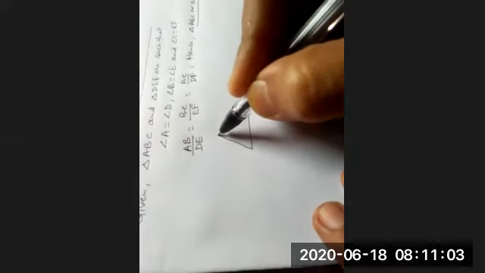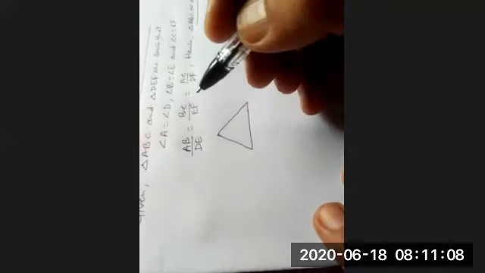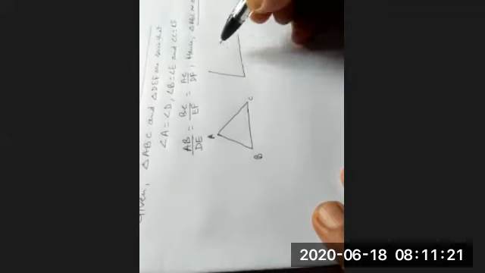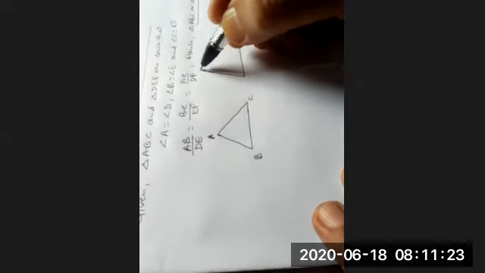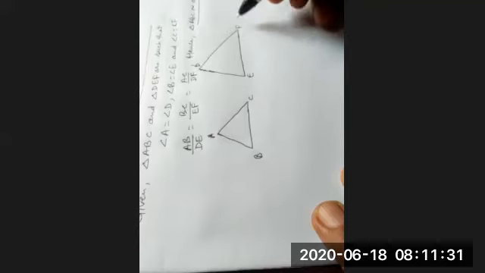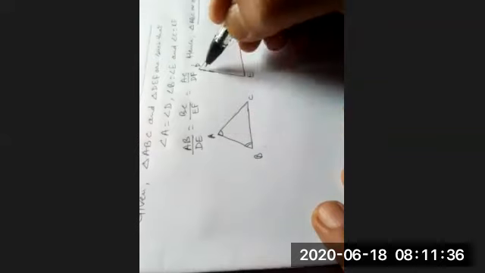So see here, take two triangles ABC and DEF. It is not necessary that a triangle will be a particular type, like isosceles or equilateral. No, it can be any kind of triangle. Take the second triangle somewhat larger, like DEF. Now, if the corresponding angles are equal, see, this is very important to understand.